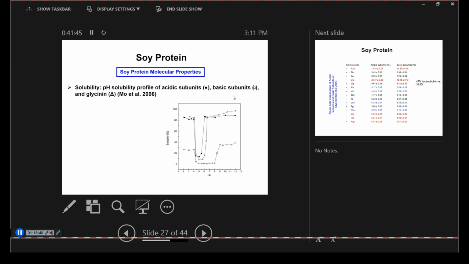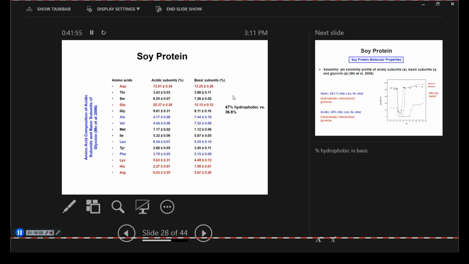But then, if we look at the basic subunit, it has really low solubility overall. So why is that? We look at the amino acid composition. We find that the acidic subunit obviously is much higher in glutamic acid, and they don't differ as much by the basic subunits.